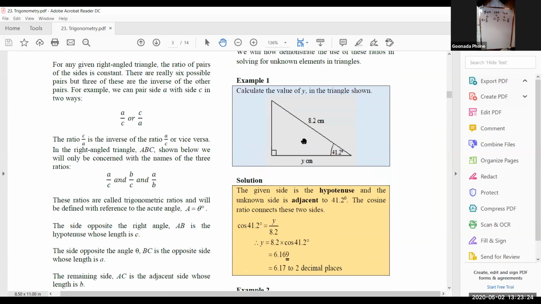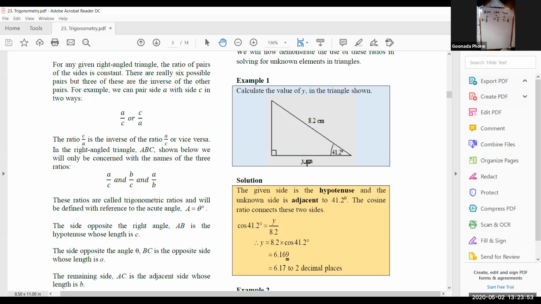We are given the hypotenuse, as you all can see here, it's 8.2. And the unknown side is adjacent to 41.2 degrees. So in other words, we are given the hypotenuse and we need to find the adjacent, right?